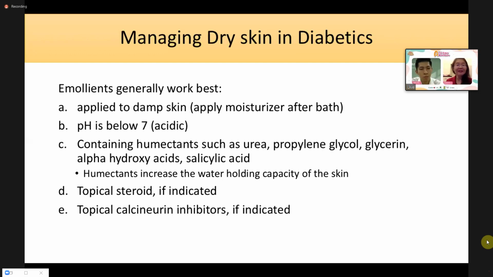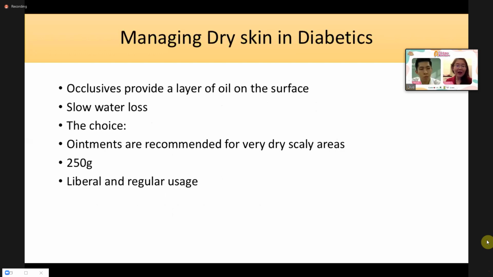And of course, when you have a very very dry skin, we not only use cream, we even need to use something which is more oily, to provide an occlusion on the surface.